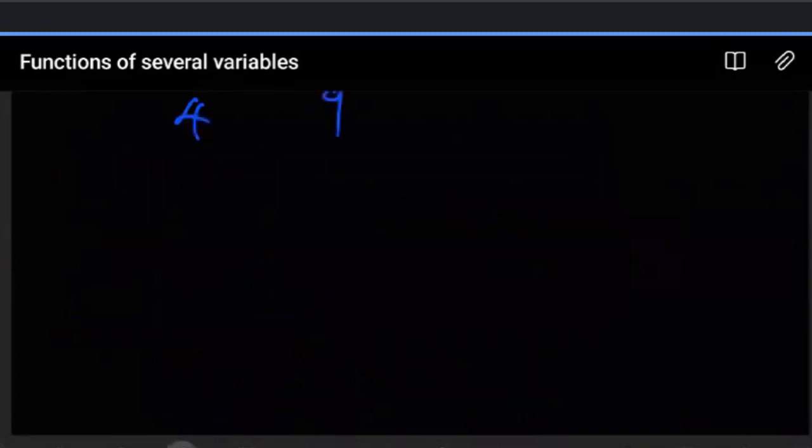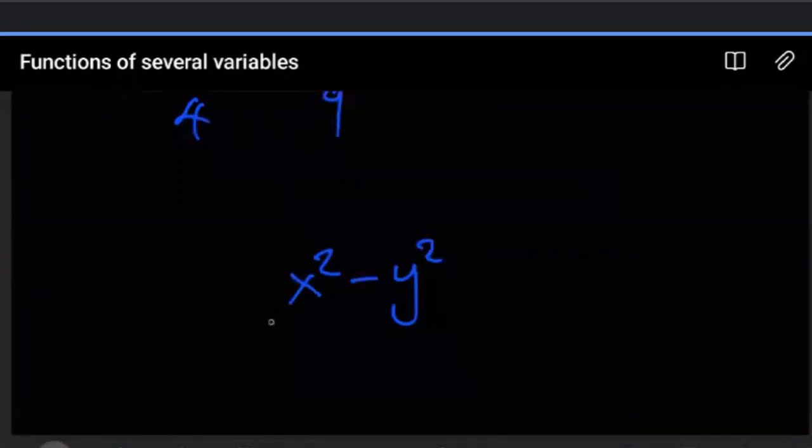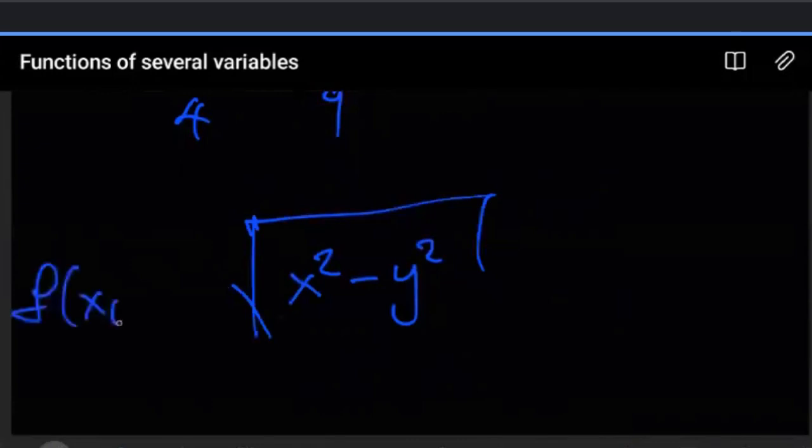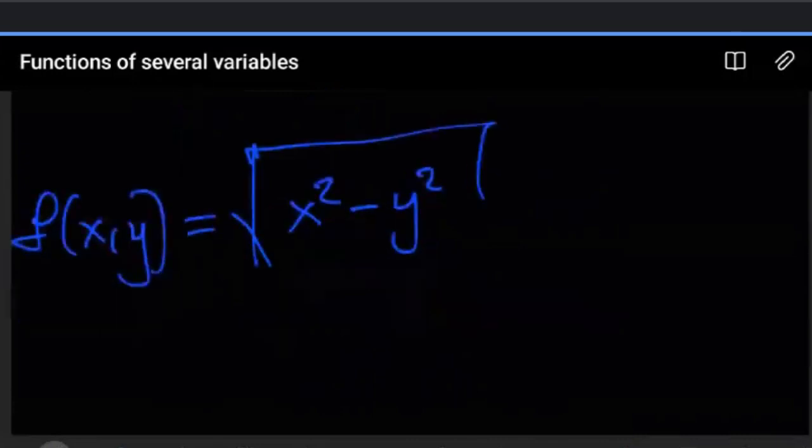Yes. In fact, if you had something like x squared minus y squared here, and then you had the square root, something like this, I think this was what we did last time. For an expression like this one, the range for such a function can never have negative solutions, but everything else is fair game.